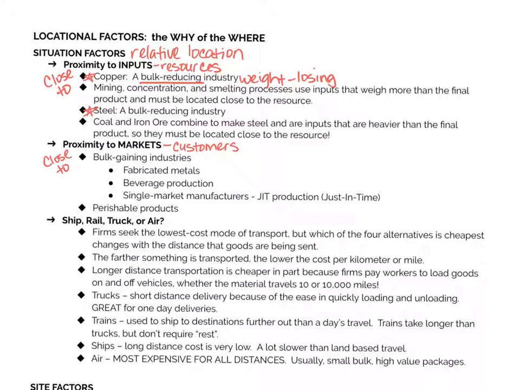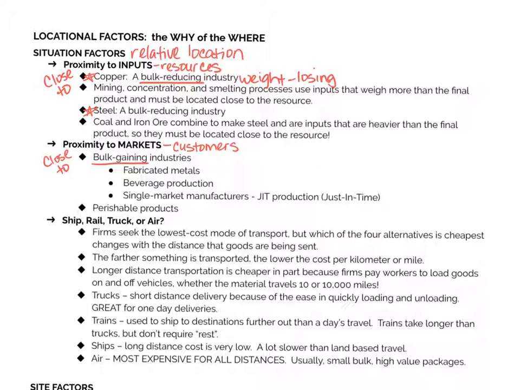If it's proximity to market, it's kind of opposite of proximity to input. Where proximity to input was bulk reducing, this is bulk gaining. So what does that mean? What is the product doing? It's gaining weight. Yeah, it's getting heavier. It gobbled up a lot and came out bigger.